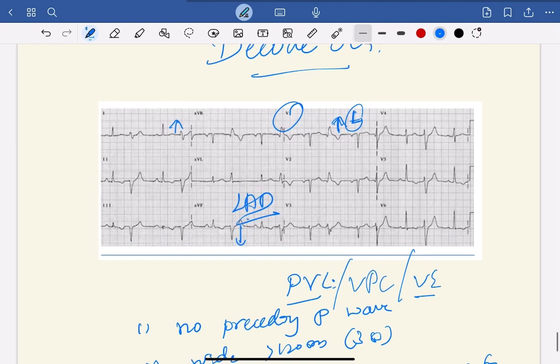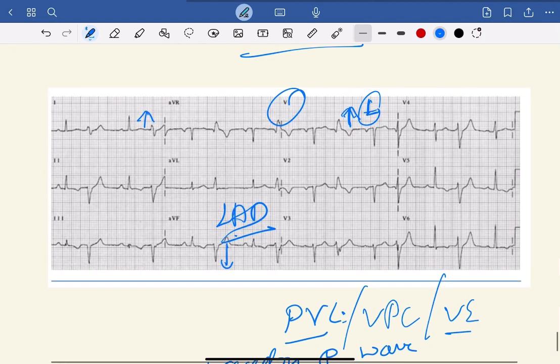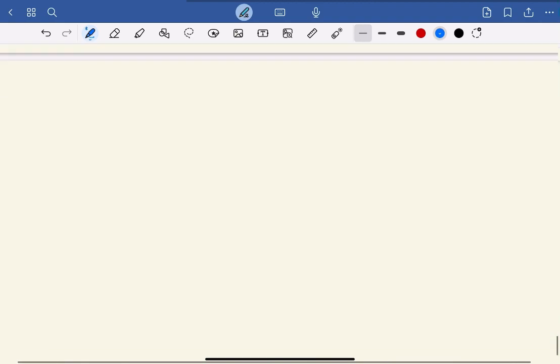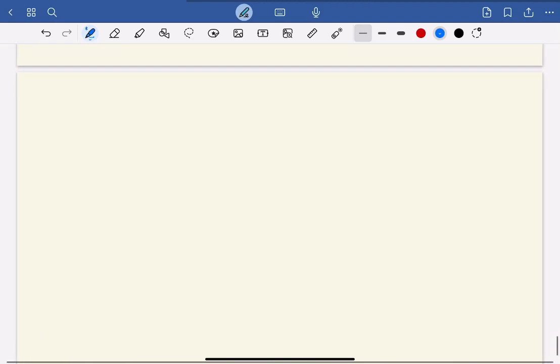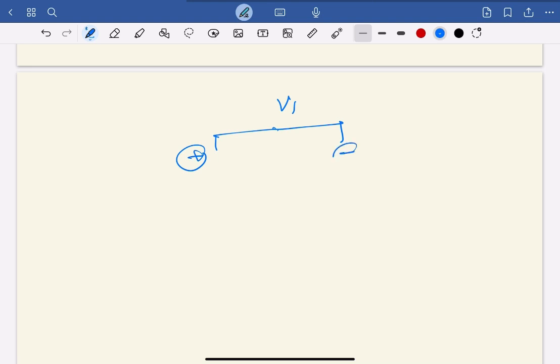So this is how you have to identify the location of the PVC which is producing the VPCs. So hope you understood the way of locating the PVC foci. Just to summarize, you have to see the QRS in V1, whether it is predominantly positive or predominantly negative, that is predominantly up or predominantly down.